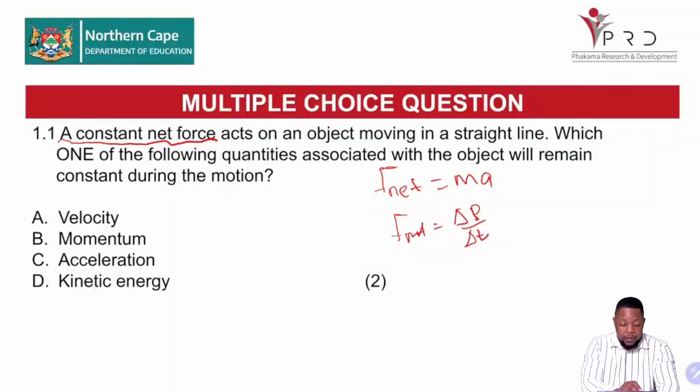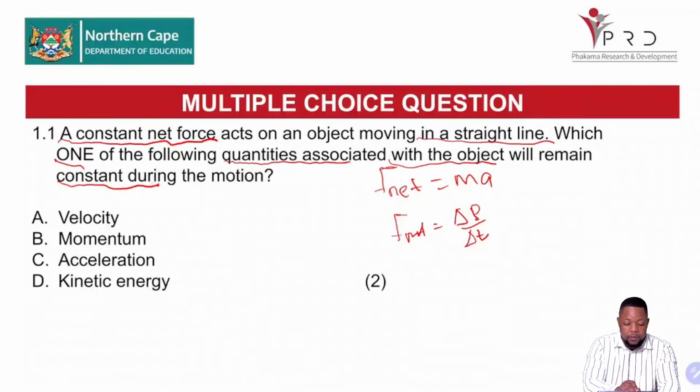Now, we continue reading. A constant net force acts on an object moving in a straight line. Which one of the following quantities associated with the object will remain constant?